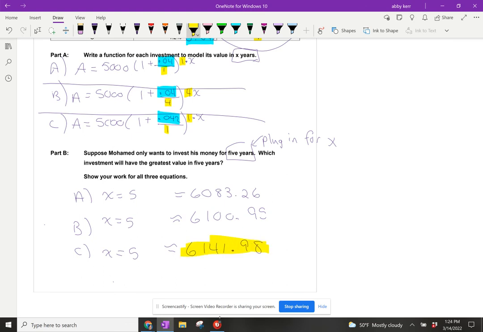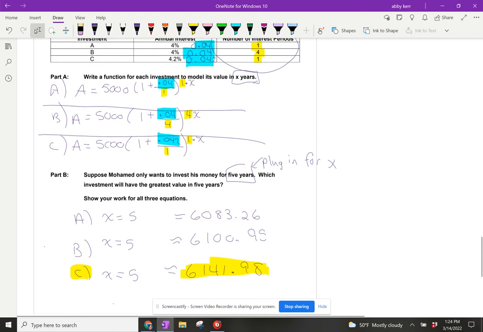So the winner is investment C. We have slightly about 41 more dollars. And the crazy thing that happens is that you don't think that 0.2 and the percentage really means anything, but it does. So you want a higher annual interest rate to really help you get more money.